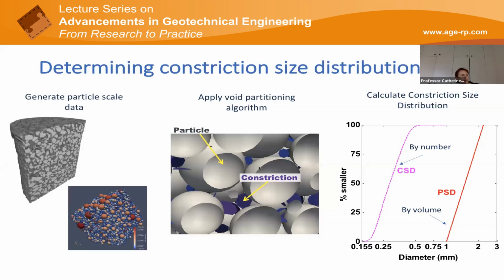And then knowing where the voids start and end, we can work out where the void boundaries or where the constrictions are. And then we can get a cumulative distribution, or an idea of the range of constriction sizes in our soil, and compare that to the particle size distribution of that soil itself, or to the particle size distribution of the base material when we're thinking about our filter.